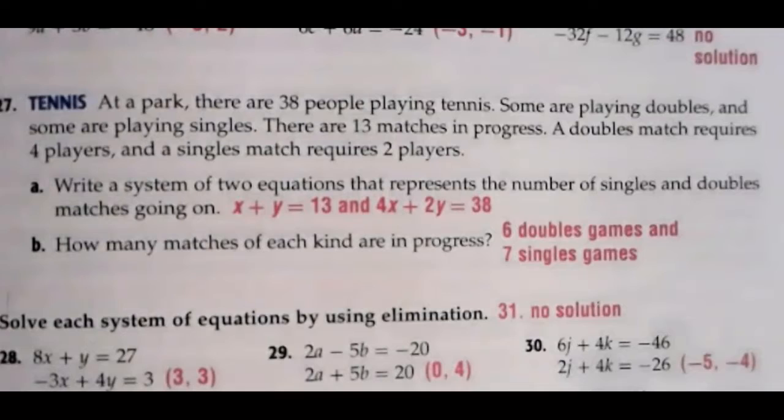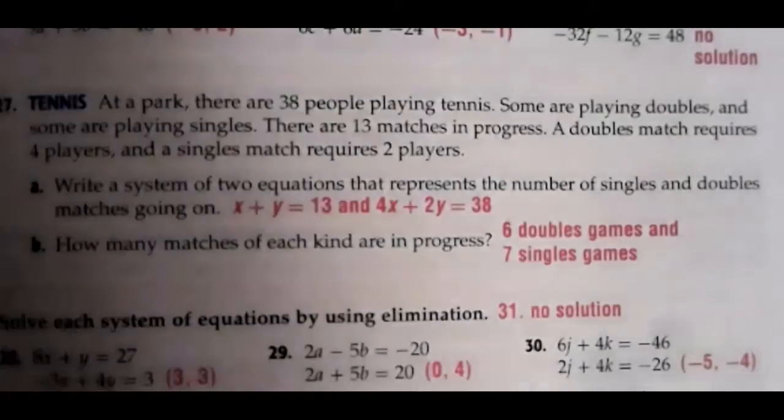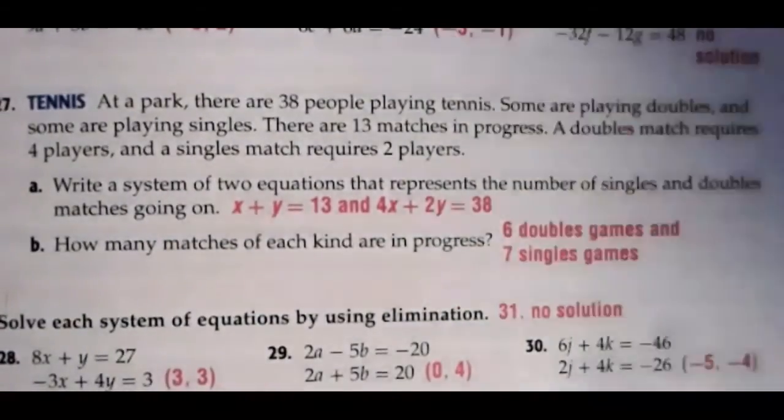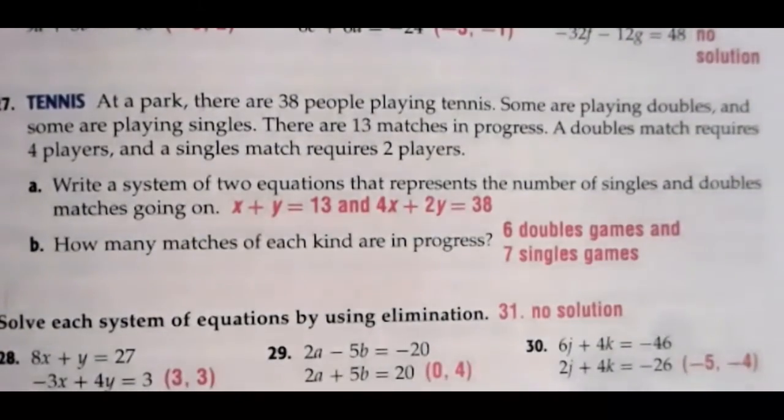So you had x plus y equals 13, because there were 13 total games. And then you had 4x plus 2y, because it takes 4 players for a double and 2 players for a single, equaling 38 total players. Solving that system, you got 6 doubles and 7 singles.